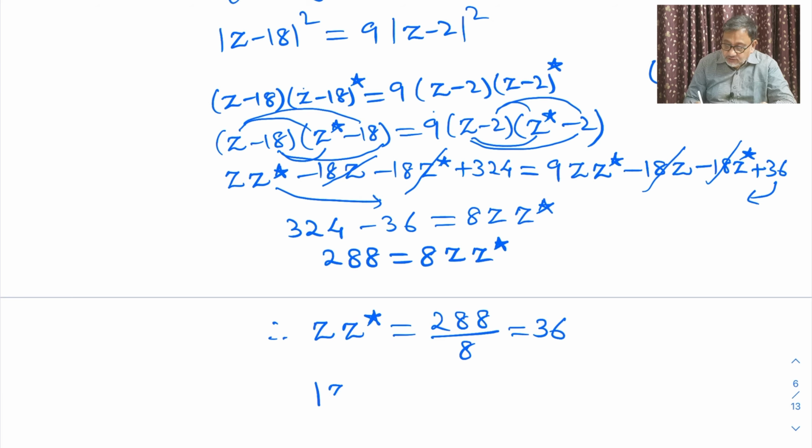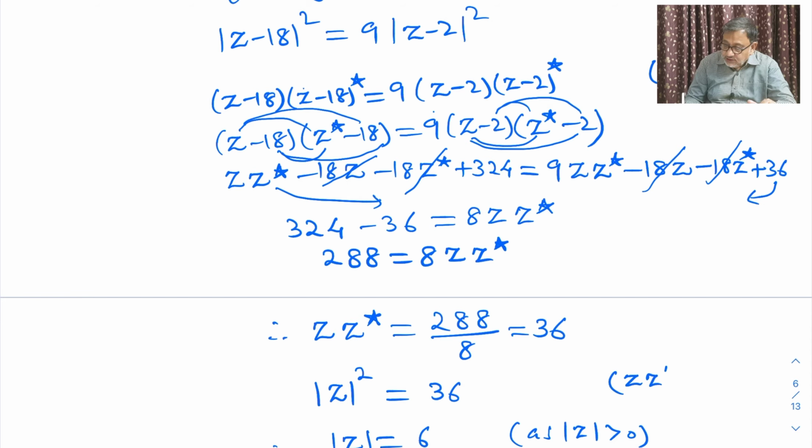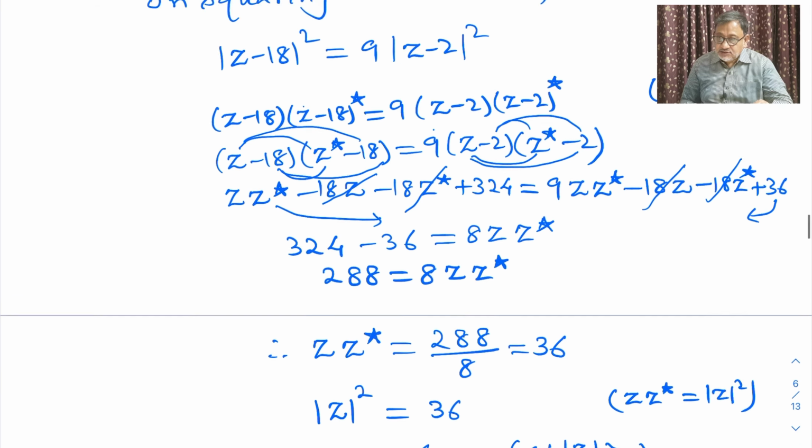Now again I want to use the property of the modulus of z, which will be modulus of z square is equal to z z conjugate. So which will be 36. So therefore modulus of z is 6, as modulus of z is always greater than 0. Here what property I have used? z into z conjugate is equal to modulus of z square. Okay. So we have shown that the value of modulus of z in the second part is 6.